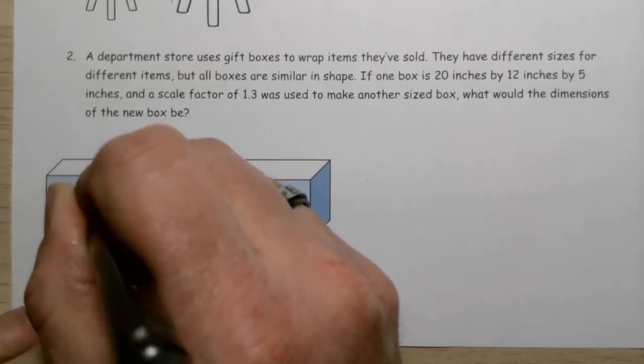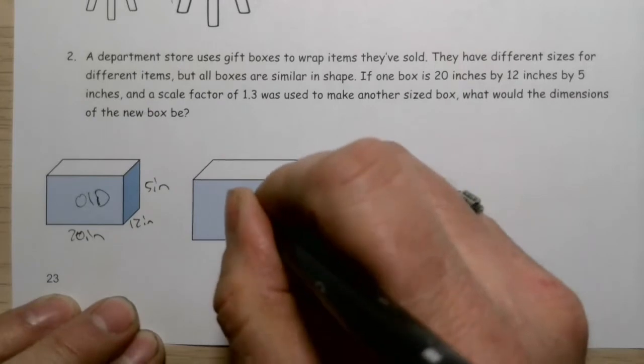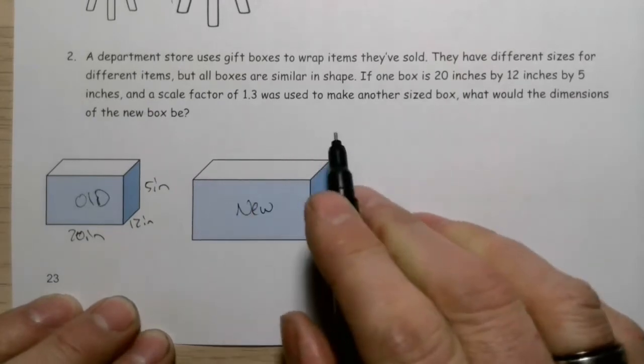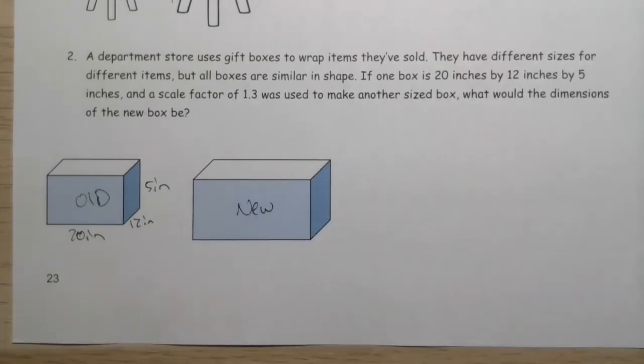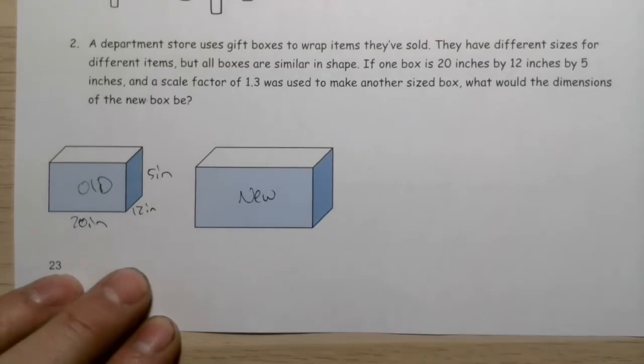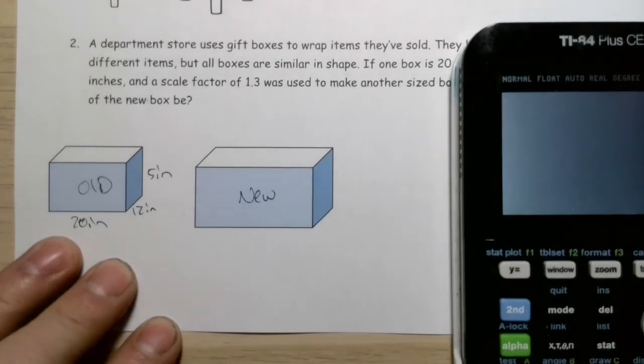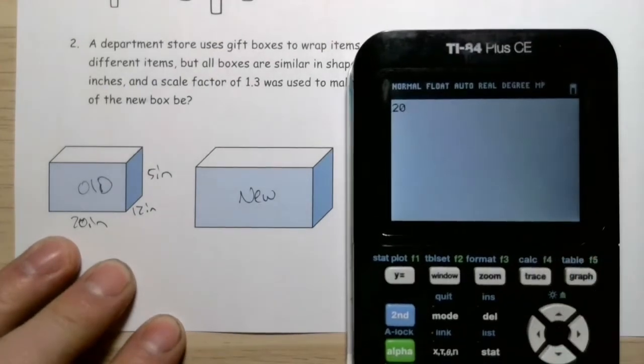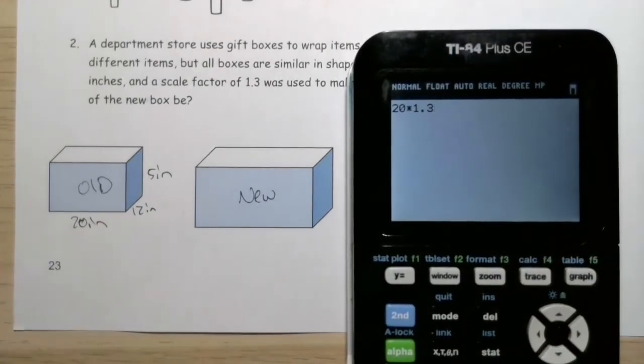Okay, so this is our old, and then here's going to be our new one here, and we're going to use a scale factor of 1.3. Now, that means that for me to get my new length here, what I've got to do is take the old one, whoops, I want to make sure you can see that, and I'm just going to multiply by 1.3. That's how we scale it up.